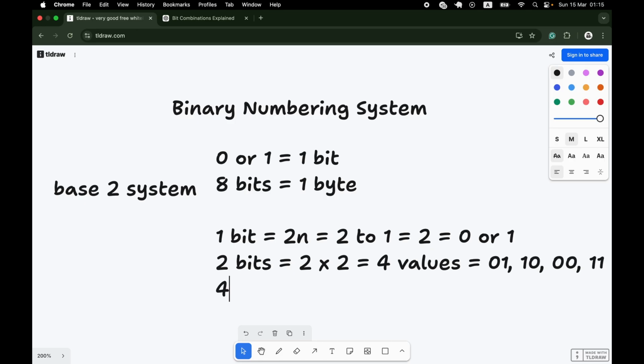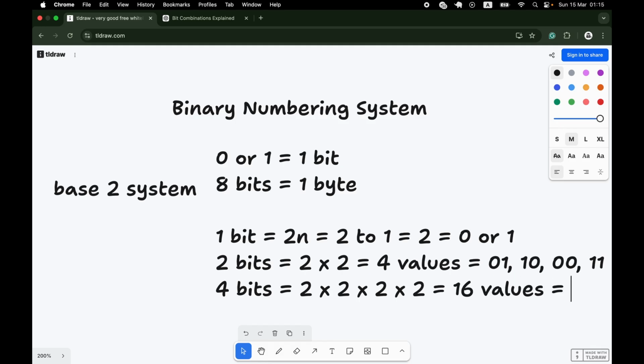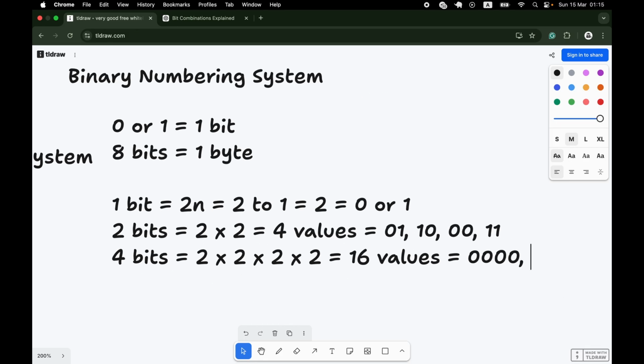How about 4 bits? It's 2 to the power 4, so 2 times 2 times 2 times 2. The possible values are 16 values, from 0000 to 1111.